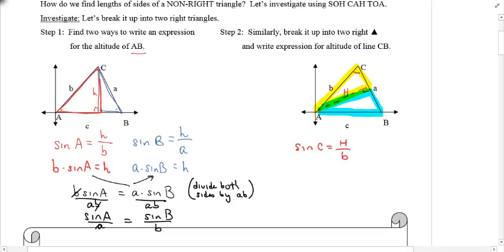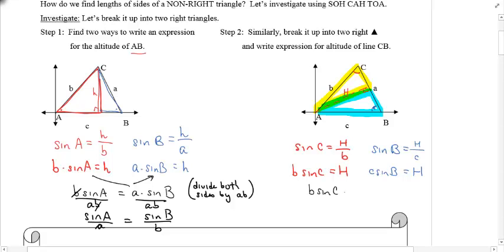Remember, two different triangles. Two different right triangles. Just like before, solve for H. Just like before, make the two things equal to each other.